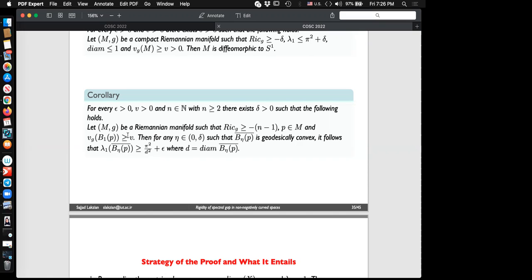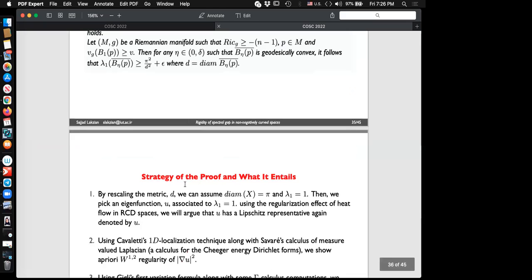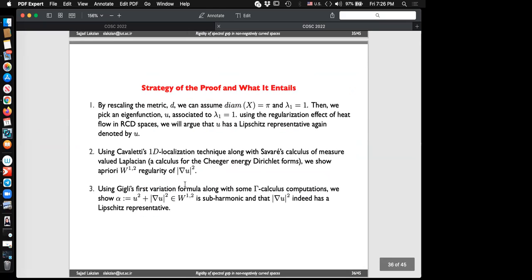And you need non-collapsedness in your space. Anyways, I'm just going to talk about some of the things you need to do to prove this rigidity result.